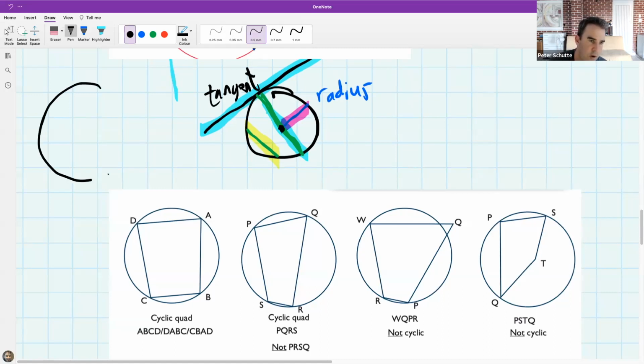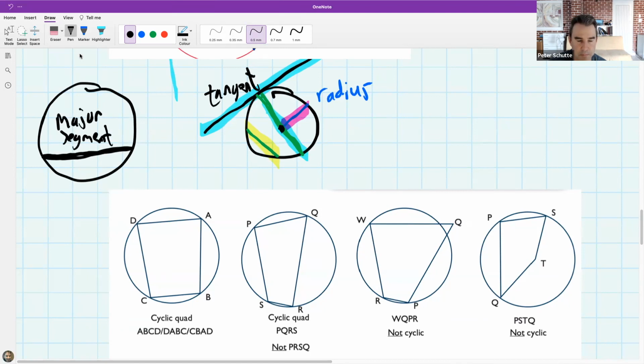So if you have a circle and then a chord, a chord breaks up a circle into the major segment, which is the big area there, and then the area, so that's called the major segment. All the area above the chord and all the area below the chord is called the minor segment. So the chord kind of creates the barrier so the segment can kind of exist.